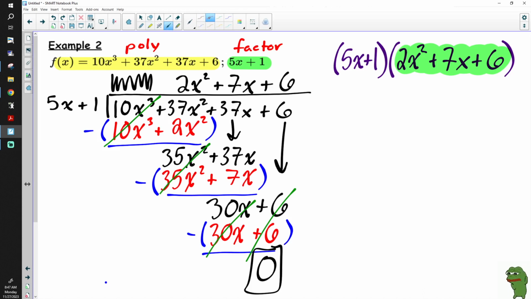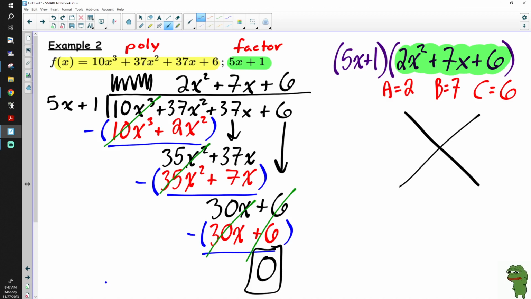So what is my A value? What is my B value? What is my C value? So we are working on taking 2x squared plus 7x plus 6 and factoring it. Splitting her up. Okay, so I'm going to draw my x.